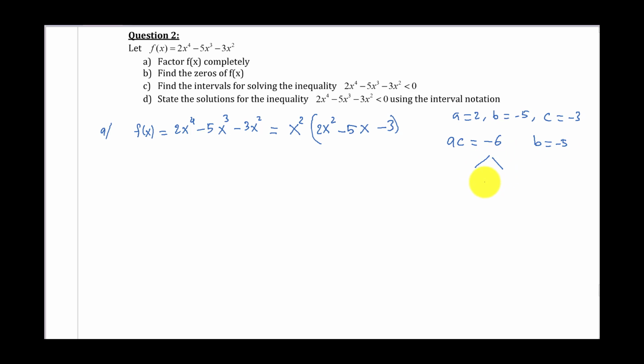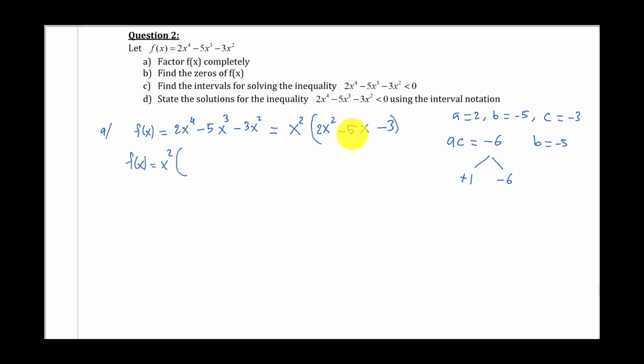And those two numbers can be minus 6 and plus 1. Because minus 6 times 1 gives me minus 6. Minus 6 plus 1 gives me minus 5. So now I can rewrite the middle term here. Let's just keep the x squared term to the outside.